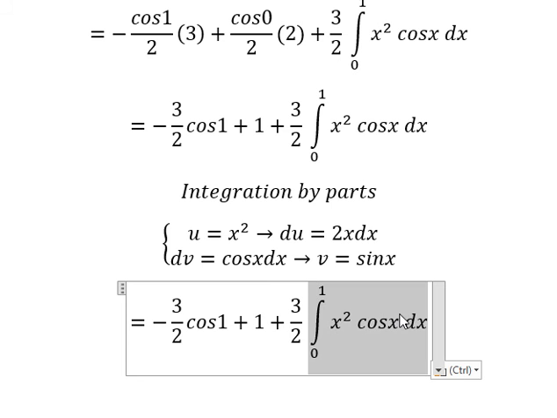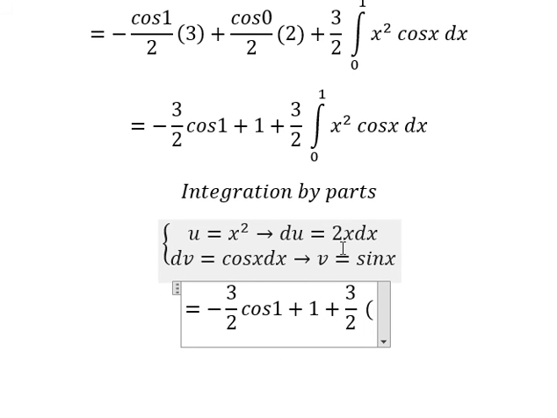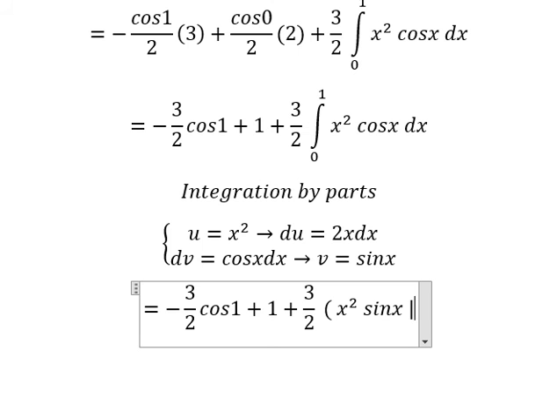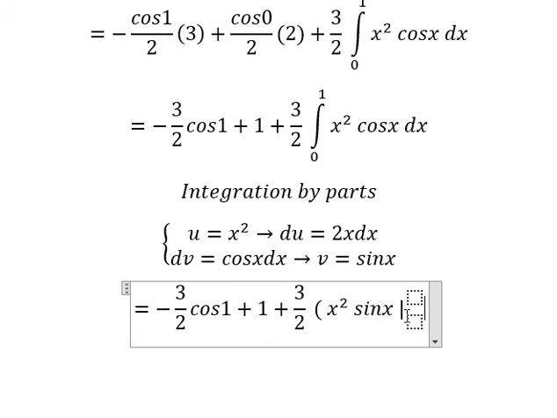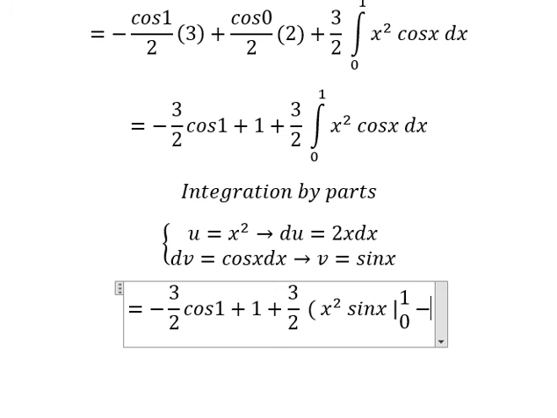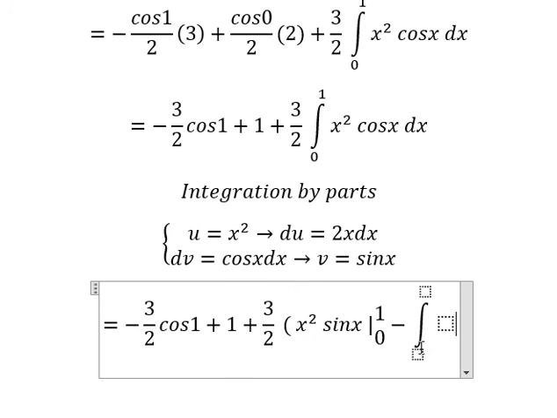So for this one, we have u multiplied by v. And we put the bounds from 0 to number 1. Minus, we have the integration in here.